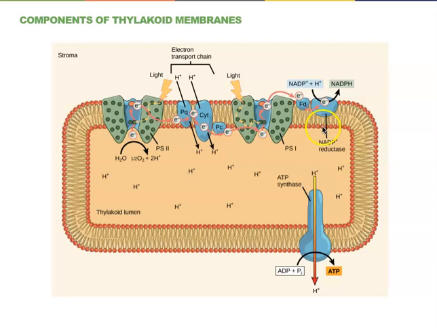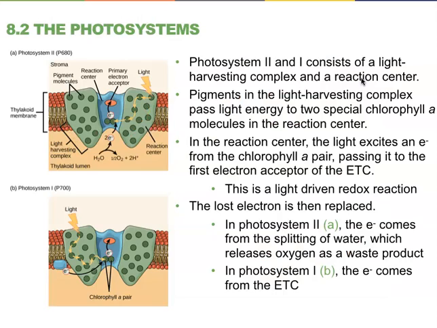But up here, what we're seeing is we are now allowing the reductase to take NADP plus hydrogen protons to make NADPH. And this is significant because now we actually have stored energy.